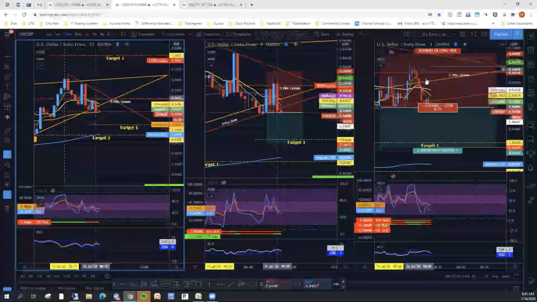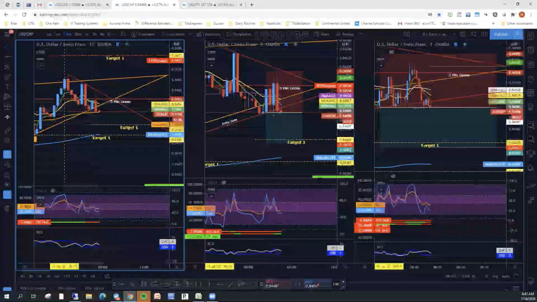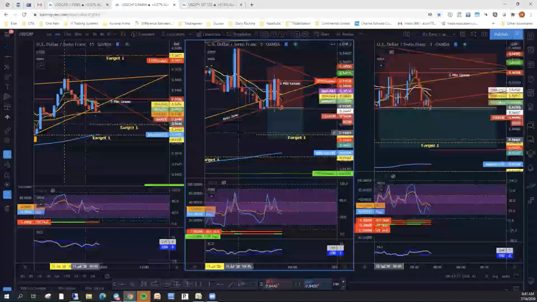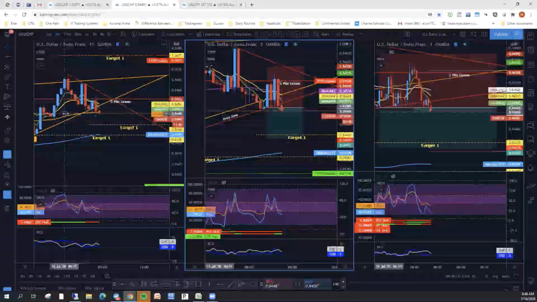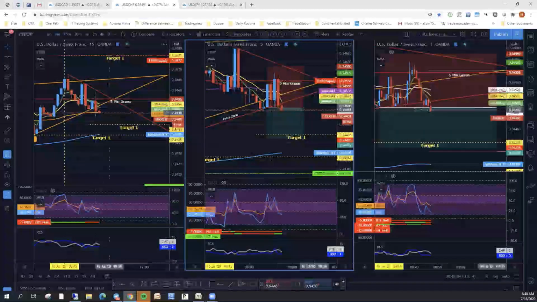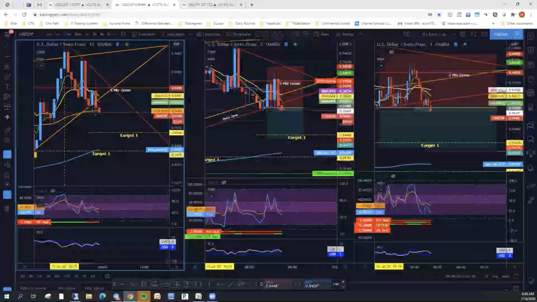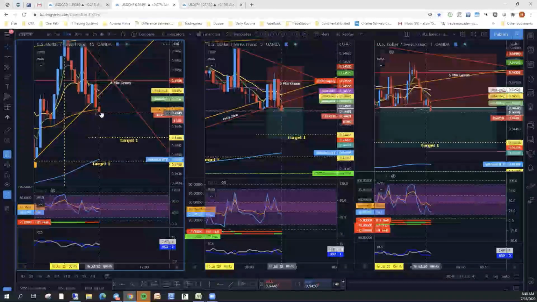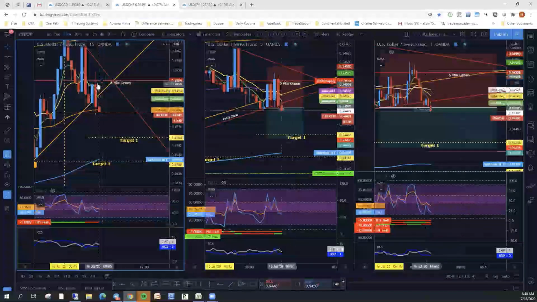We had a nice little wick up, came back through, and we're still waiting for it to break down, and right now everything's still looking like it has that capability. We have our 62 moving average on our 15-minute chart, which you can see it has now broken. It hasn't closed, but we still have 11 more minutes.